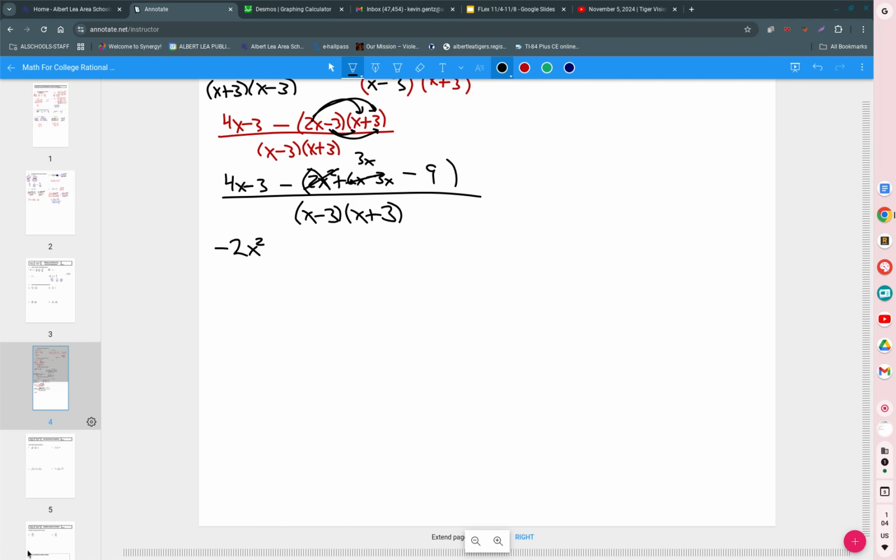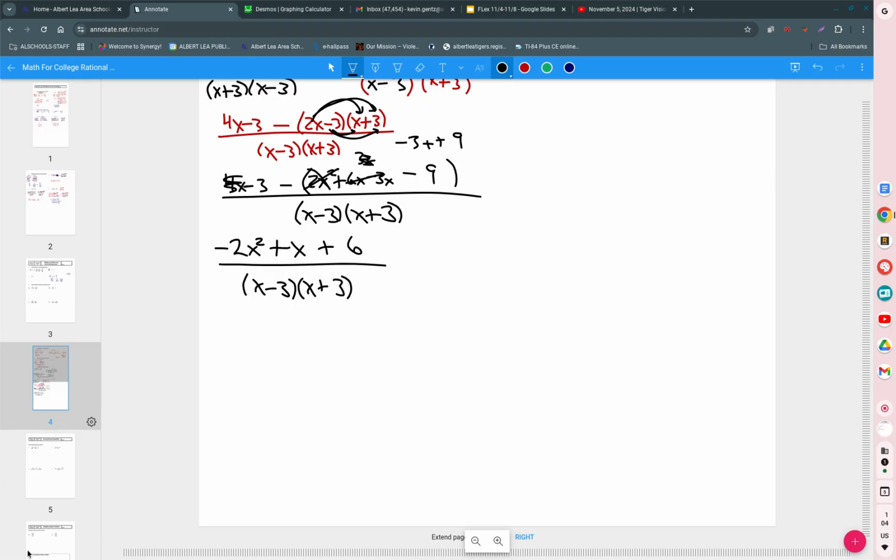And then it's 4x minus that 3x, which is just 1x. So my x's are gone. And now I have negative 3 minus a negative 9. Negative 3 minus a negative 9. And so we get positive 6. And there we have it.